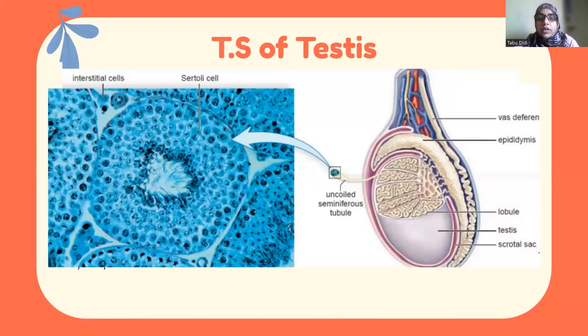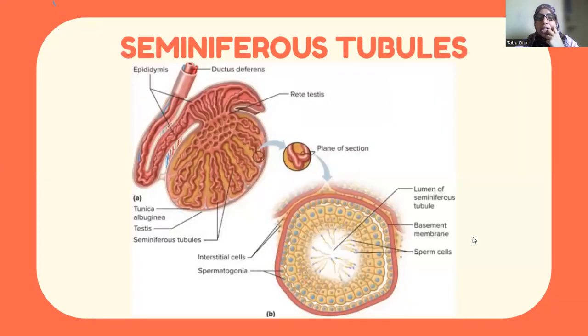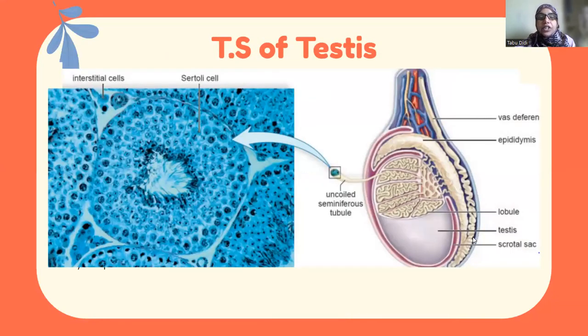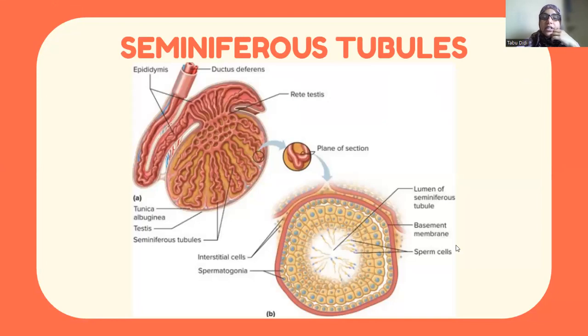This is the longitudinal look of the testes. Then when you transversely cut it, this is how the internal seminiferous tubule will look. Either we call them spermatogonia or germinal epithelial cells, with the basement membrane.